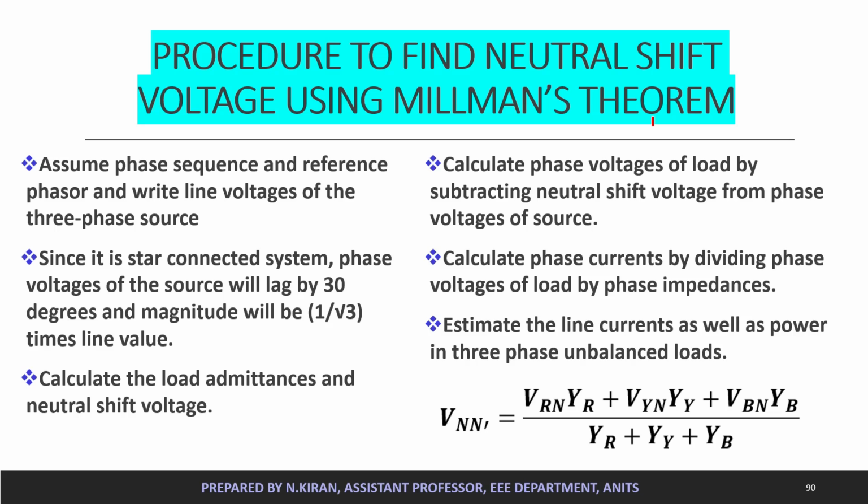Then we estimate the line currents as well as powers in the given three-phase unbalanced loads. So this is the detailed procedure to find neutral shift voltage as well as the corresponding phase voltages, line voltages and power in the analysis of three-phase unbalanced loads.